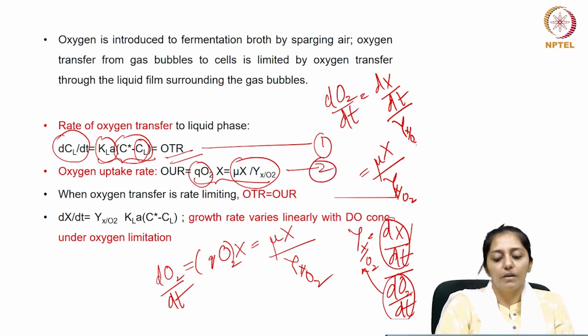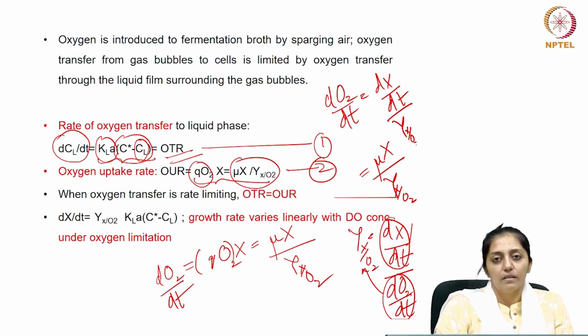Now when oxygen transfer is rate limiting, it means that the rate at which the oxygen is coming inside the reactor is exactly equal to the oxygen demand, which means the rate at which the oxygen is getting consumed in the reactor. If this is happening, there is no oxygen accumulation taking place inside the reactor.